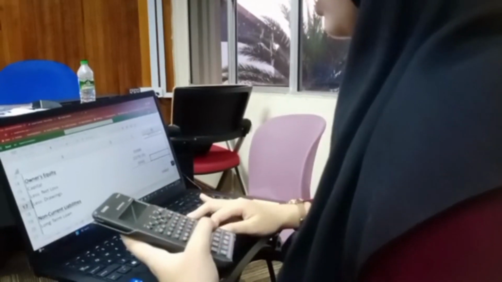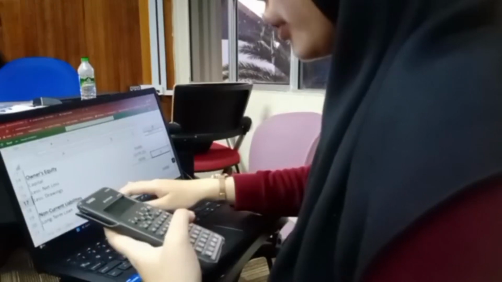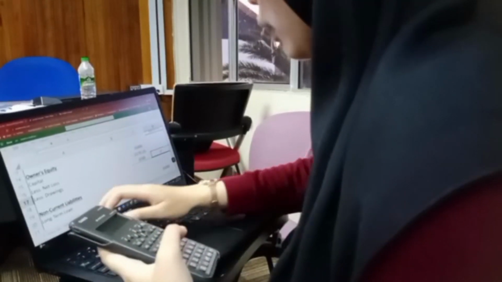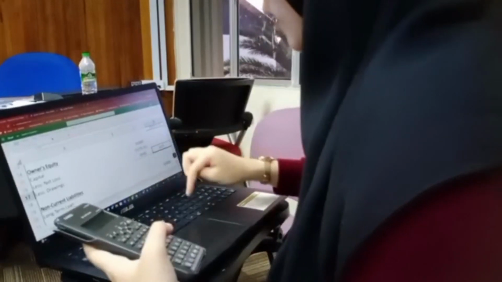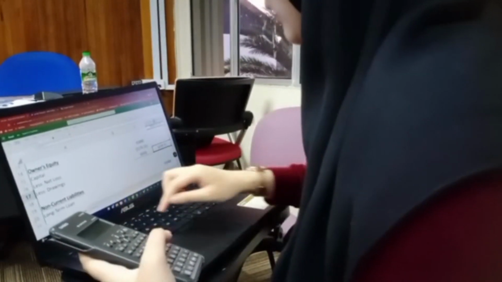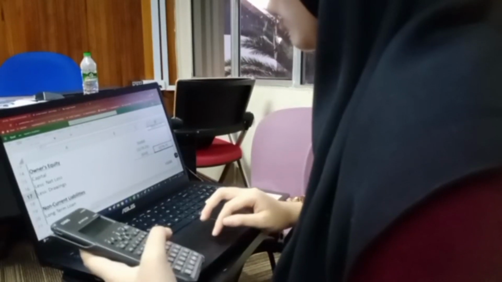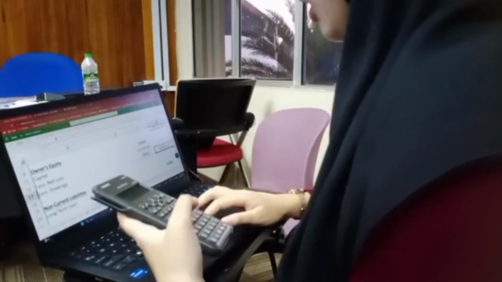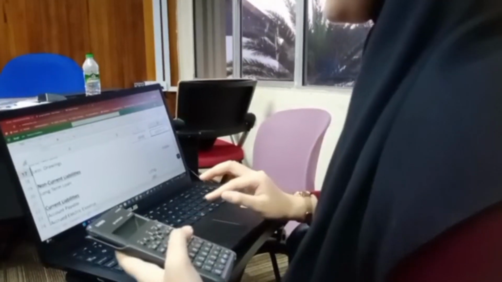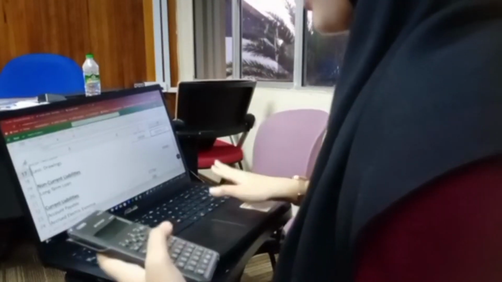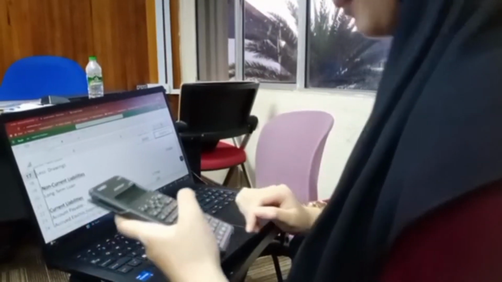So the value will be 332,079 ringgit 75 cent. For the non-current liability, we take the long-term loan. So the total will be 35,000.